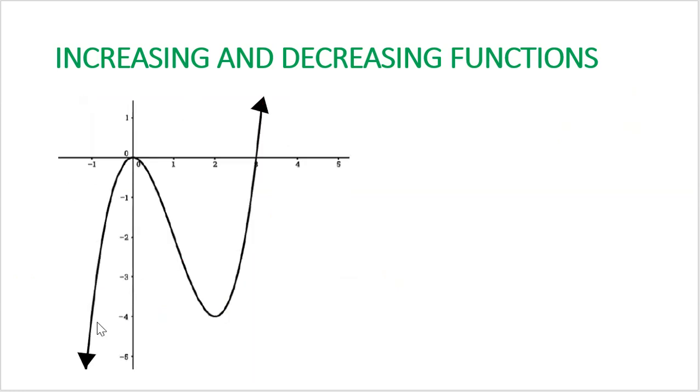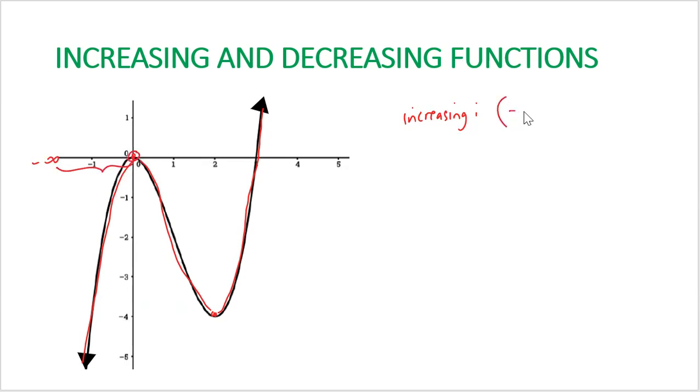And then let's have another graph here. So from left to right, this graph is increasing up to this point, and then decreasing up to this point, and then it will be continuously increasing. So if we get the intervals where the function is increasing, we start with negative infinity until 0.